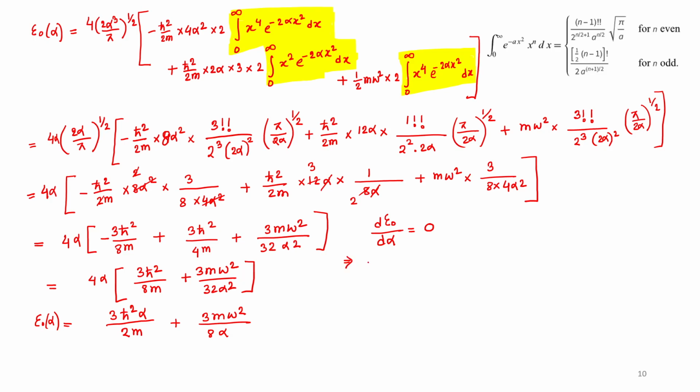So from the first term, it's coming up as 3 square by 2, then 3, 8, plus 2, 0, 3. Three, three, one, two.